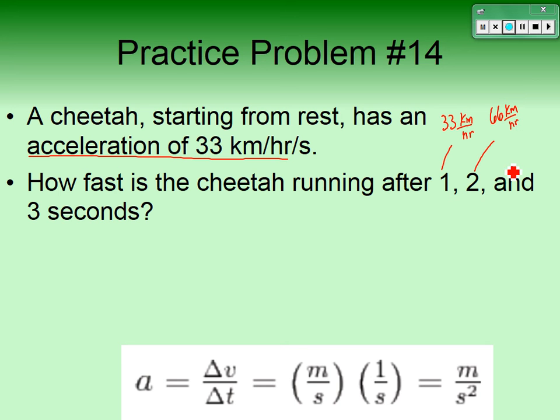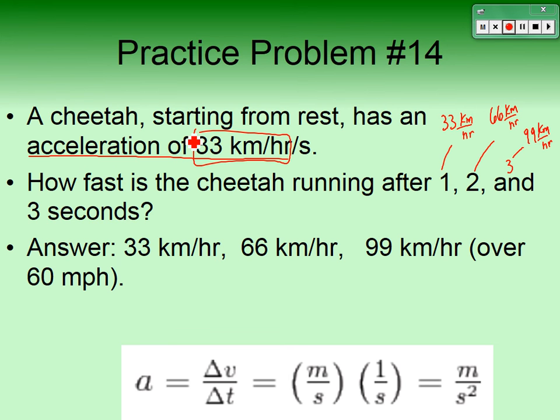And at 3 seconds, it's going to increase it again by 33. So that's going to be 99 kilometers per hour. So each second, it gets faster and faster by this amount, 33 kilometers per hour. Let's see if we got it right. Yes, 33 at 1 second, 66 at 2 seconds, and 99 kilometers per hour at 3 seconds.